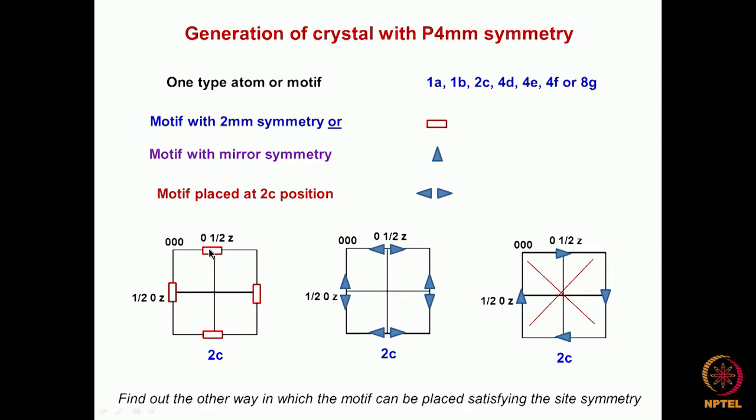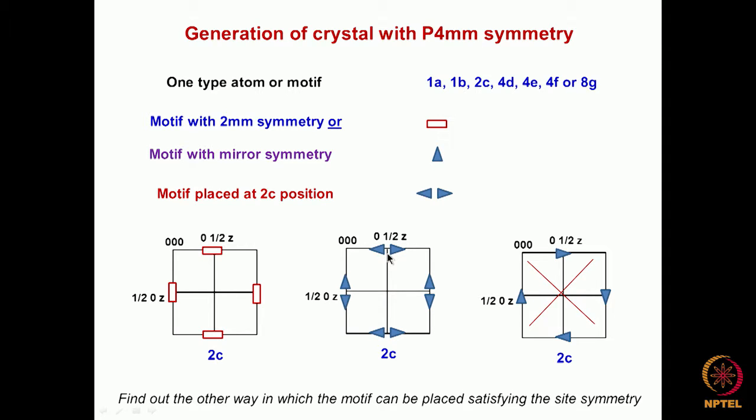This motif has also got a 2 mm symmetry. So only one motif has to be kept at this specific position. If I keep a motif with a mirror symmetry, there should be another equivalent position where the same motif should be kept. So it is equivalent to generating a cluster like this, which exhibits the 2 mm symmetry.